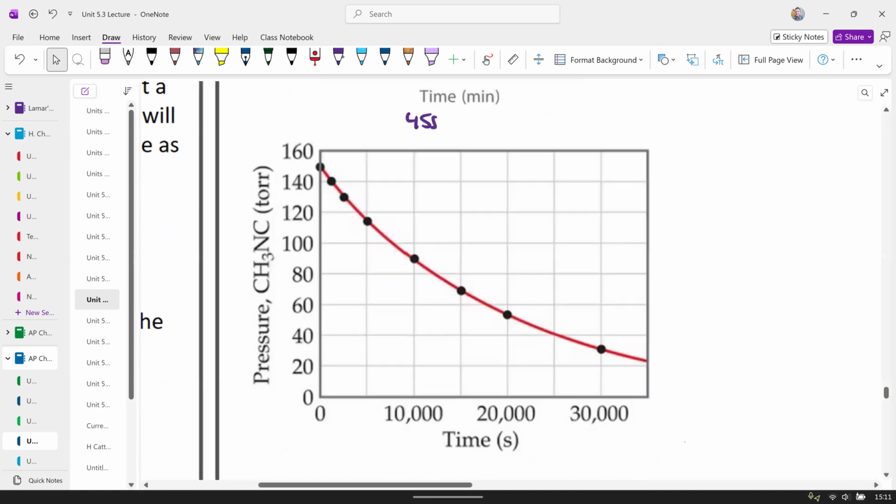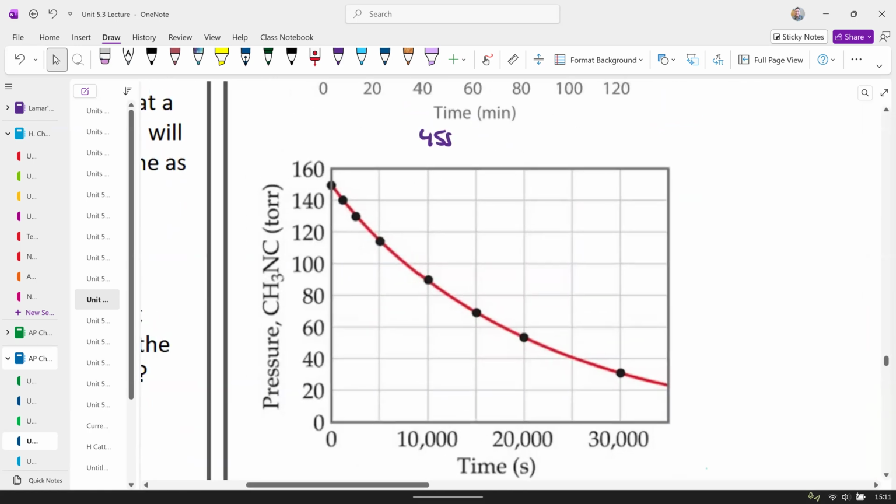Now let's look at this one. This is interesting. They don't even give us concentrations. They give us pressure. But if we have the partial pressure of a reactant, that partial pressure decreases over time because the number of moles of that gas in that container decreases over time. So we can use this partial pressure. And we start off with a value of 150.